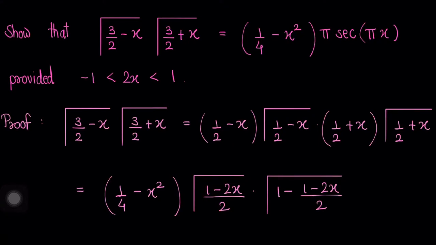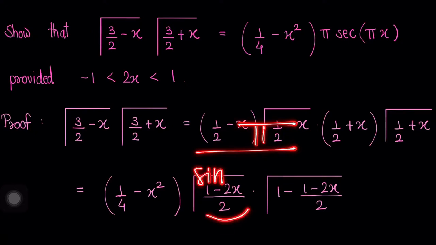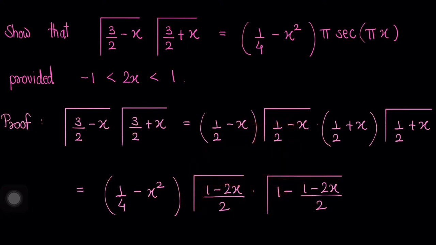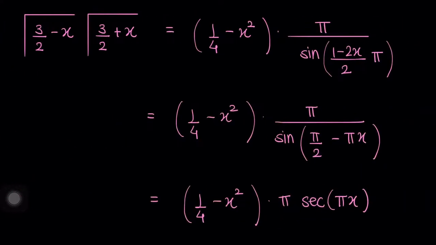So using Euler's reflection formula here, this can be written as pi upon sine of m pi, here m is (1 minus 2x) upon 2. So this is equal to 1 upon 4 minus x square as it is, pi divided by sine of m pi.